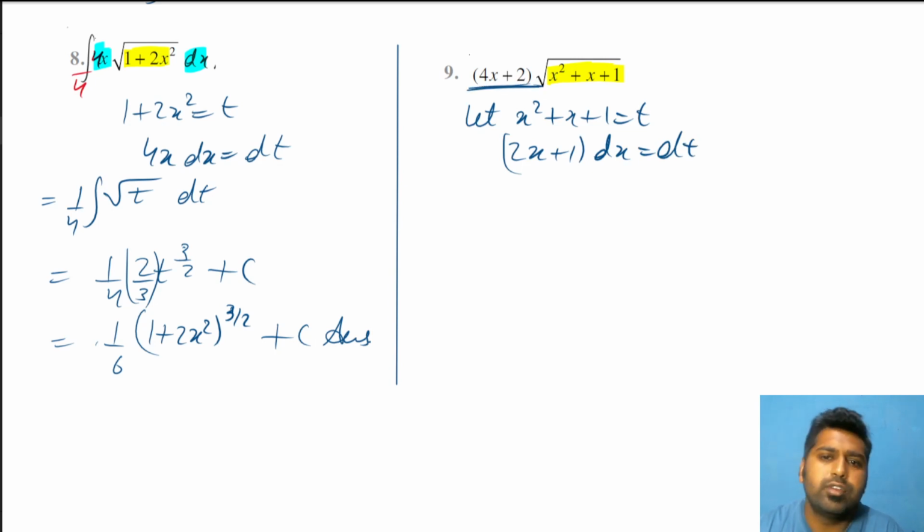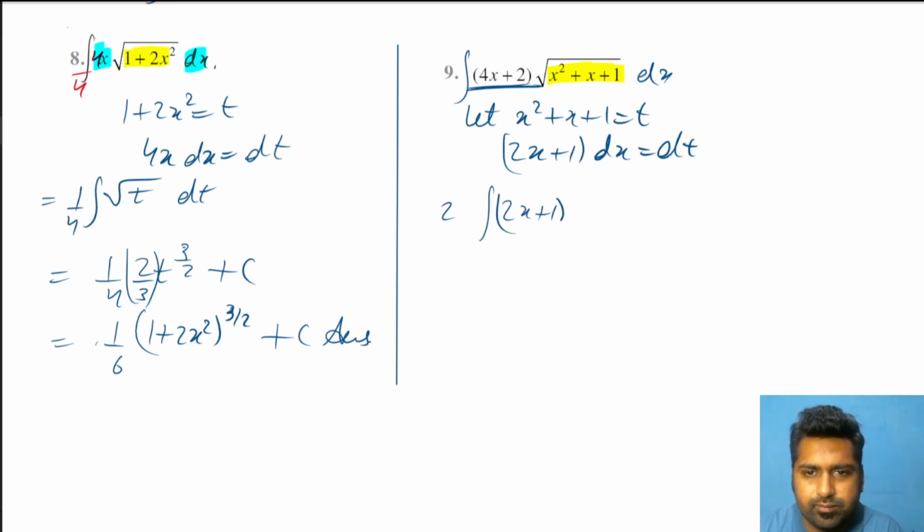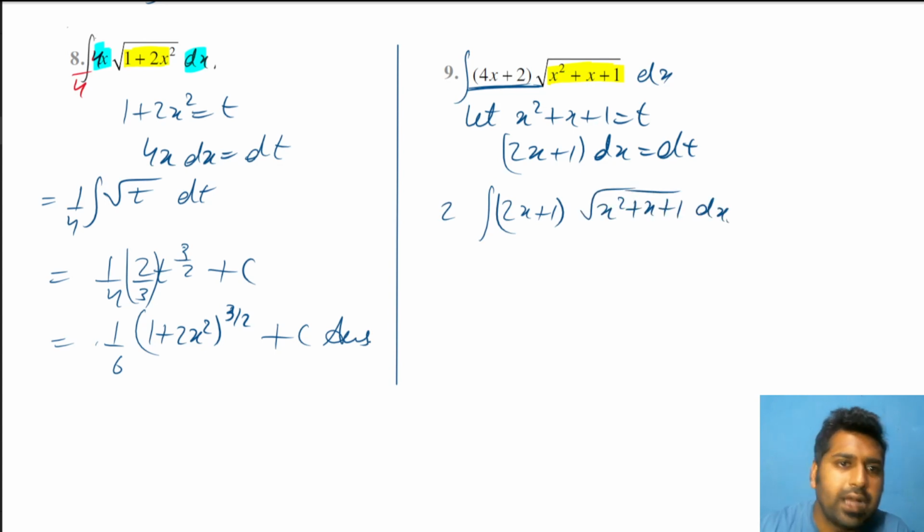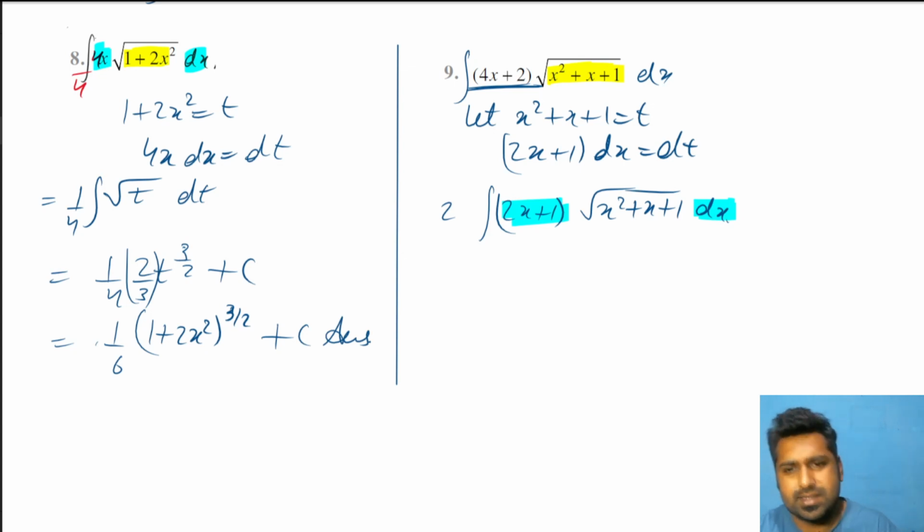But if you look very carefully, if you take 2 common out of it, what is this? 2x plus 1. Square root of x square plus x plus 1 dx. And now you have your dt. (2x plus 1) dx is dt.